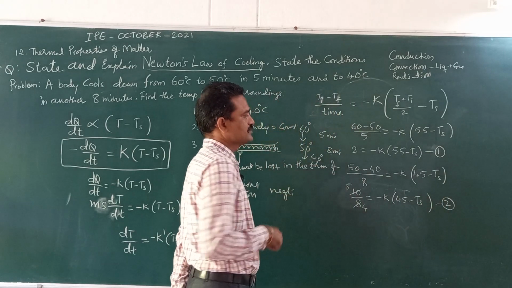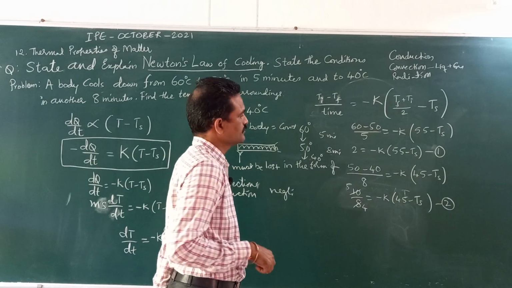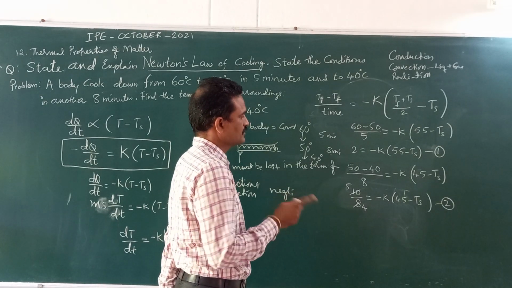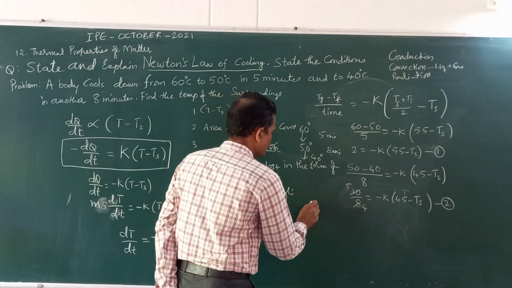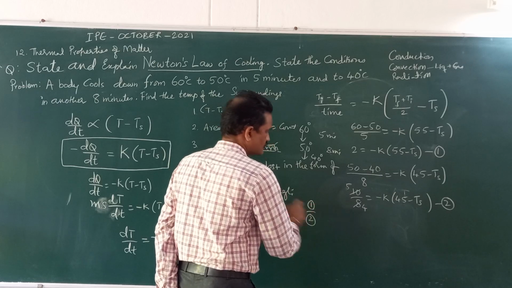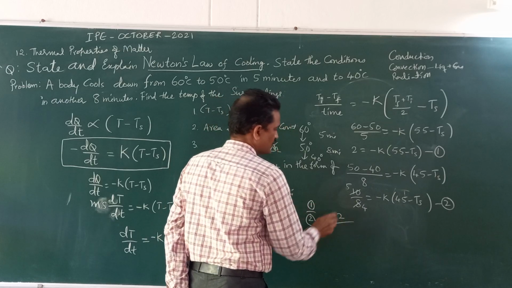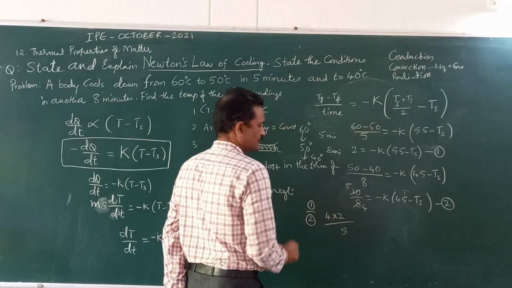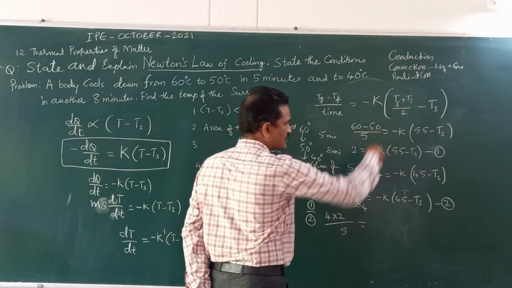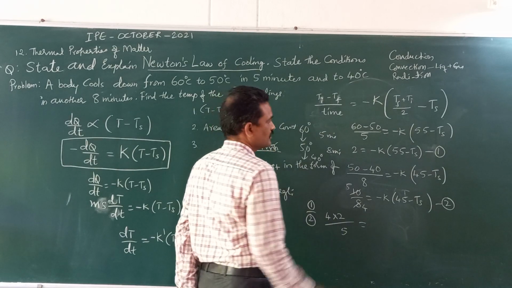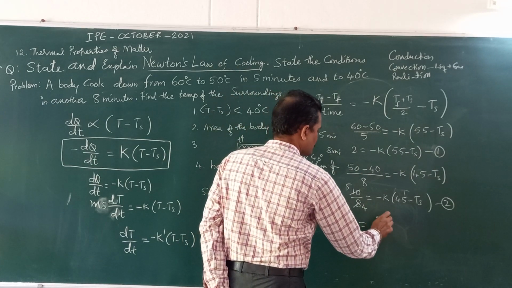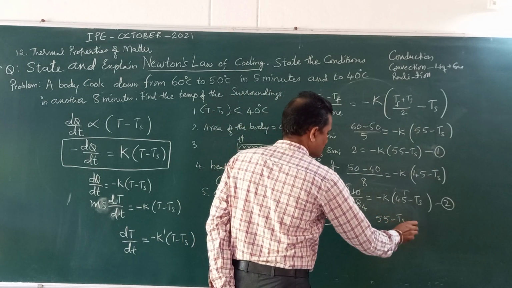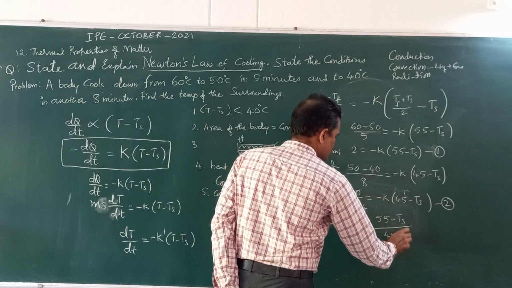So, you have to solve these 2 equations. You should know how to solve 2 equations. Better thing is to divide 1 by 2. So, 2 divided by 5 by 4, 4 comes into the numerator, is equal to, k gets cancelled on division of the 2 equations, you will get 55 minus Ts divided by 45 minus Ts.